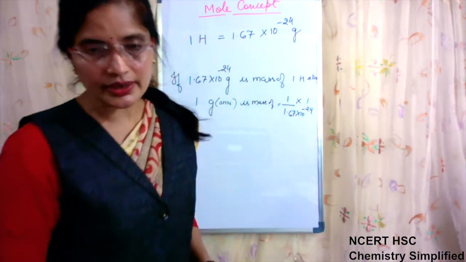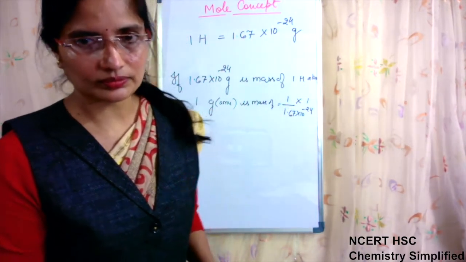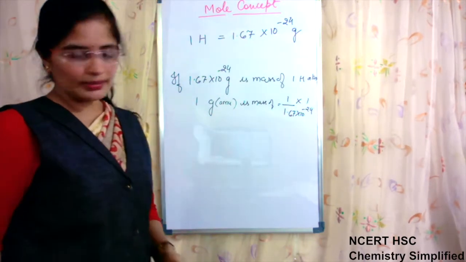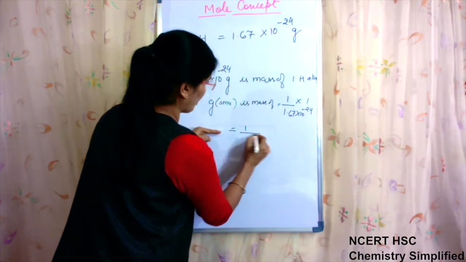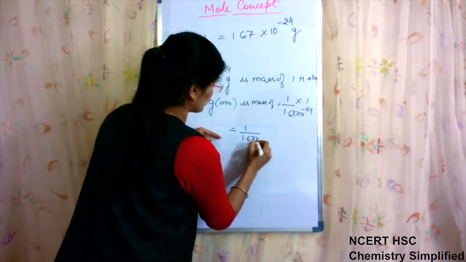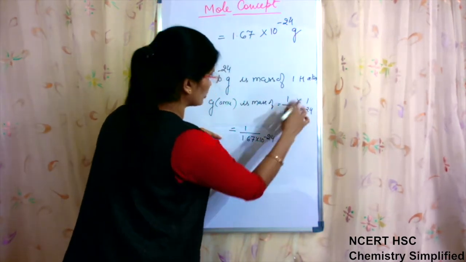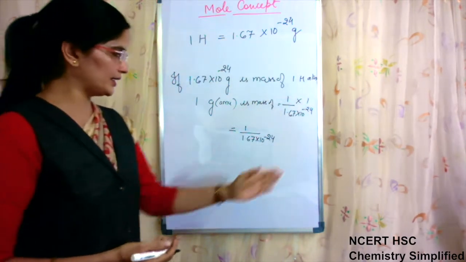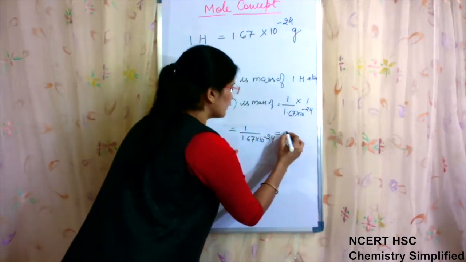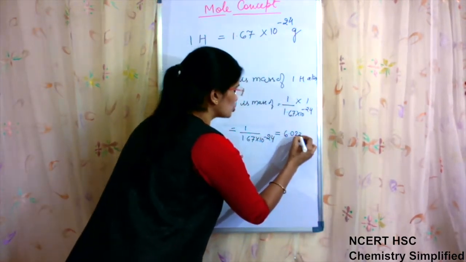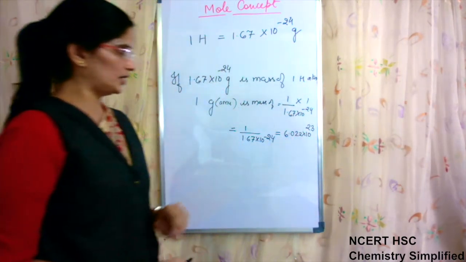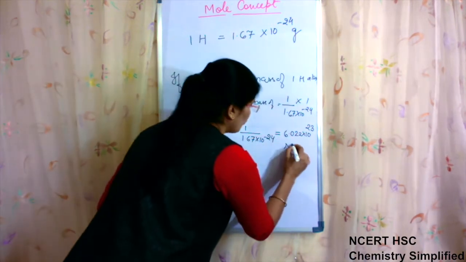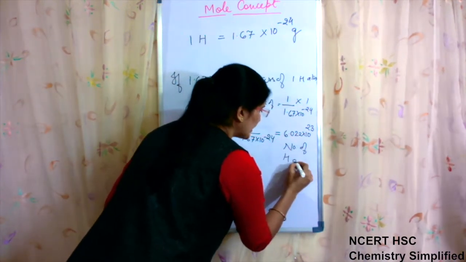When you solve this, it means 1 upon 1.67 into 10 to the power minus 24, into 1, so we are not writing it. This will give us the value 6.022 into 10 to the power 23 number of H atoms.